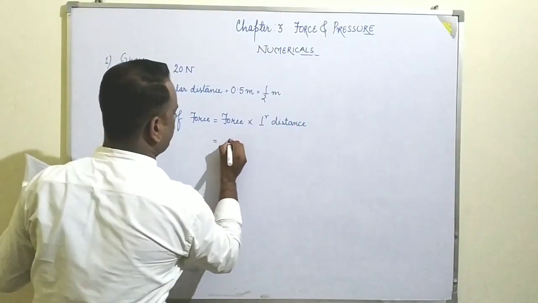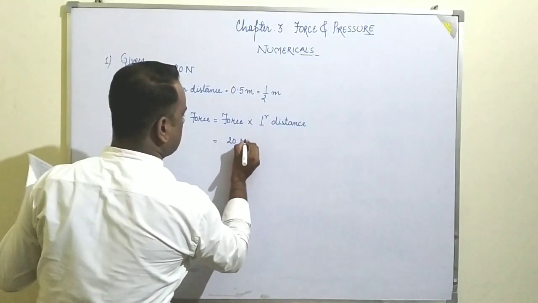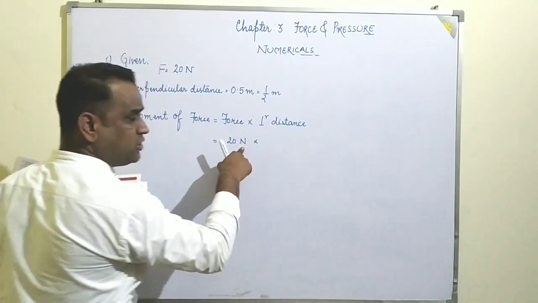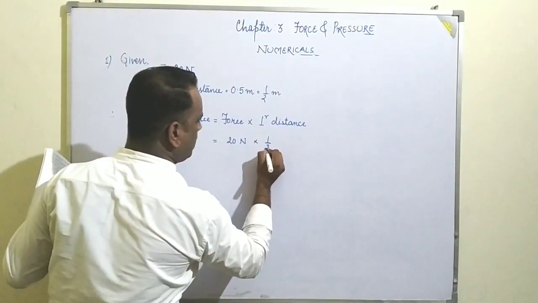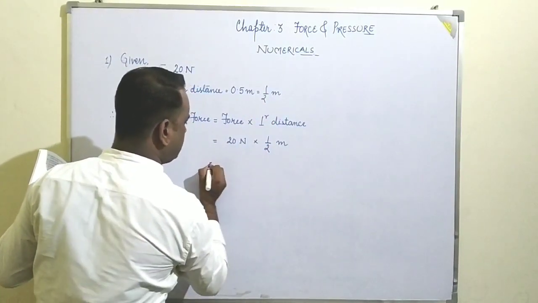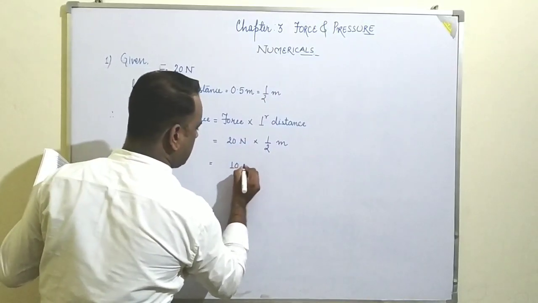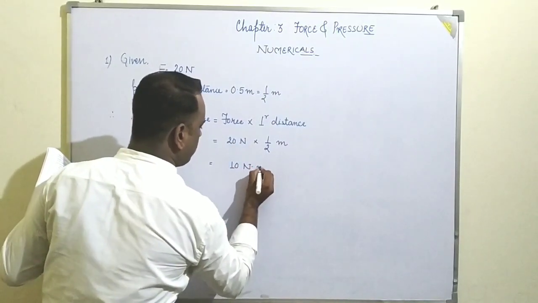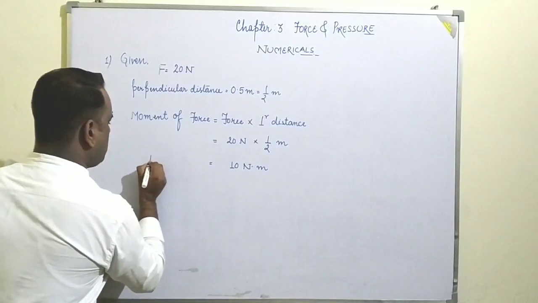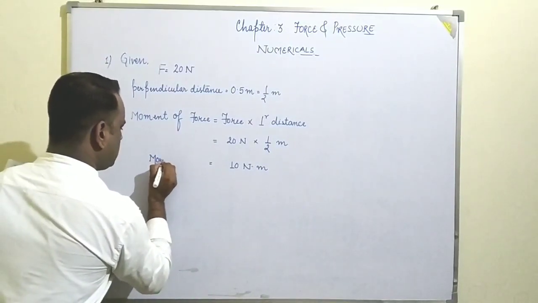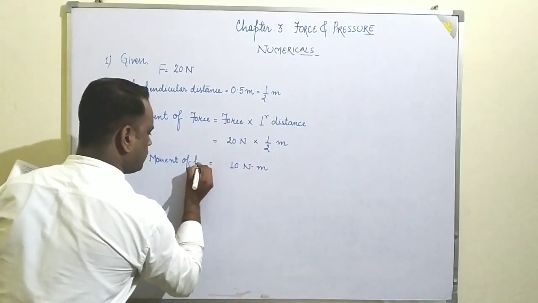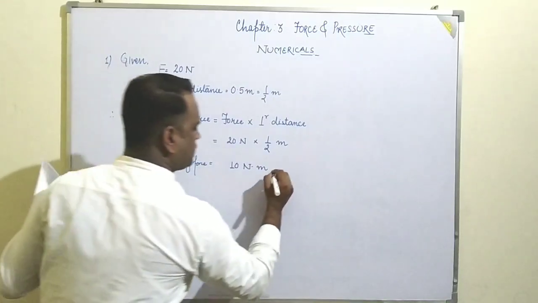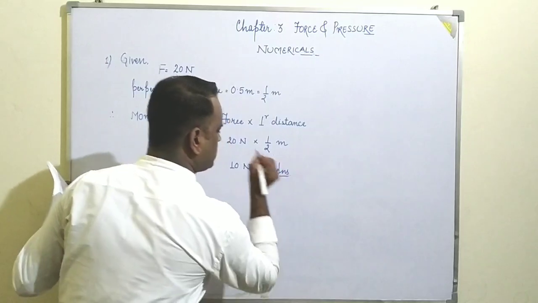The force is 20 Newton and the distance is 0.5 or 1 by 2 meter. I am also writing the unit of both quantities. So the moment of force will be 10 Newton meter for the given question. This is the answer of the first question.